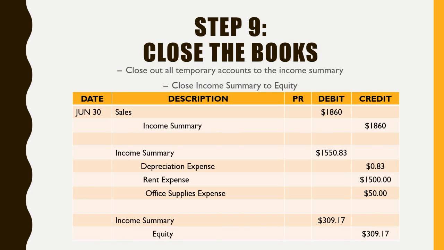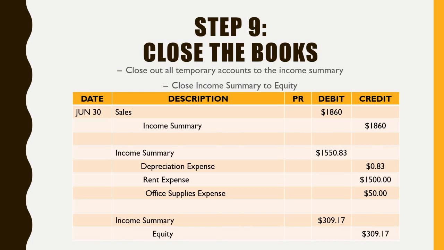Now, in this case, right, we're going to close out all of my revenues to the income summary because it depends on what kind of business you are. If you're a sole proprietor, you have what's called income summary. Corporations use retained earnings. Partners use partners' profits, okay?